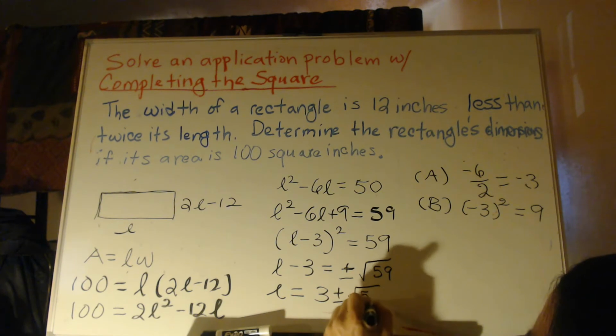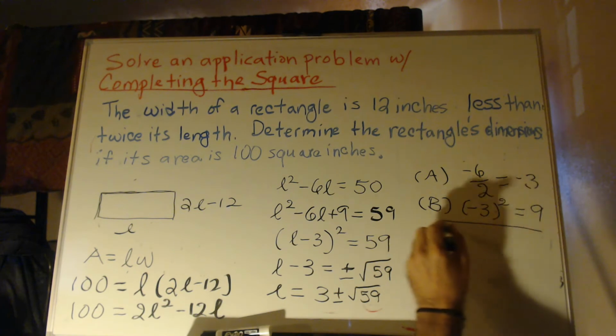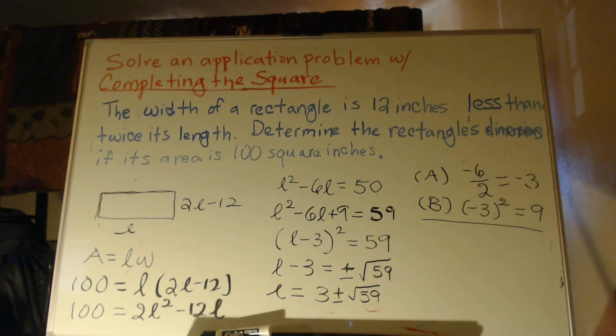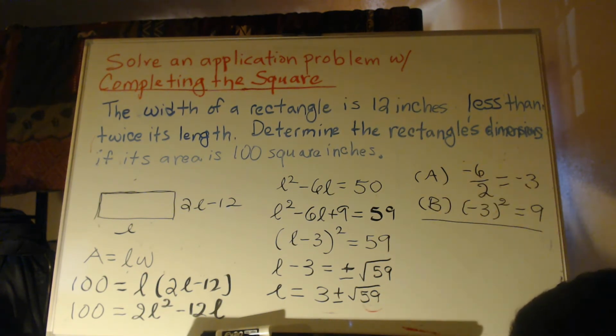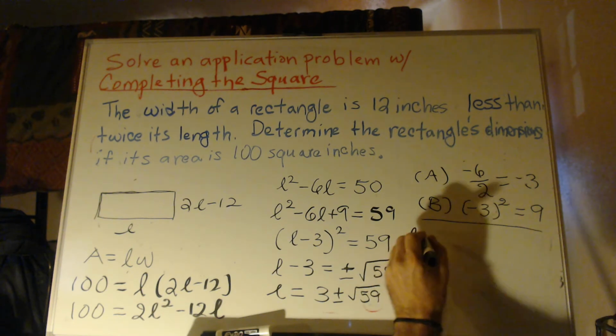But square root of 59 is approximately 7.68.